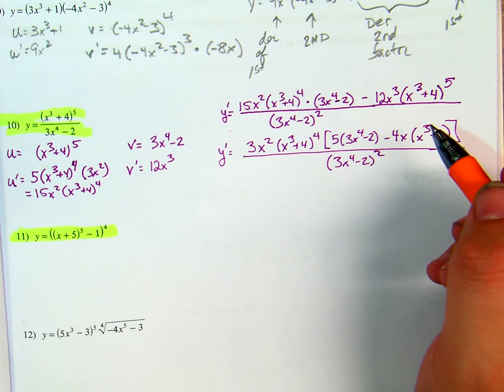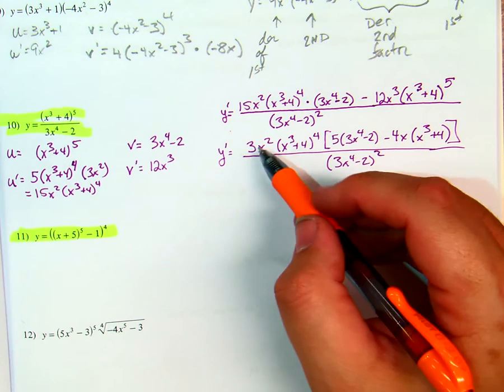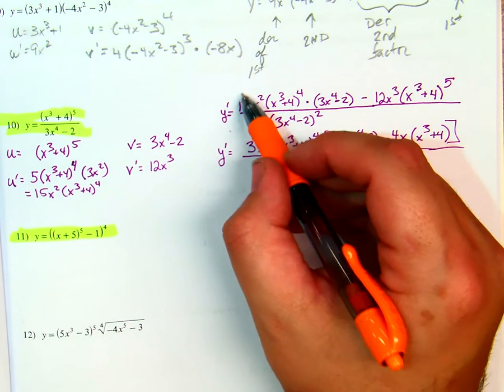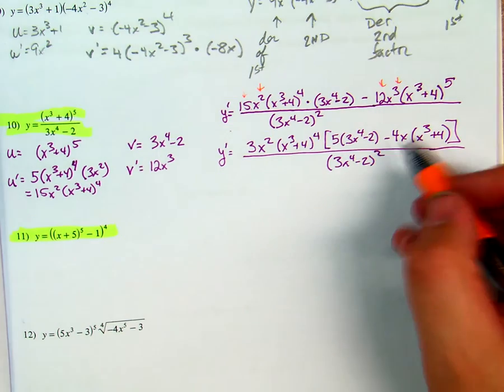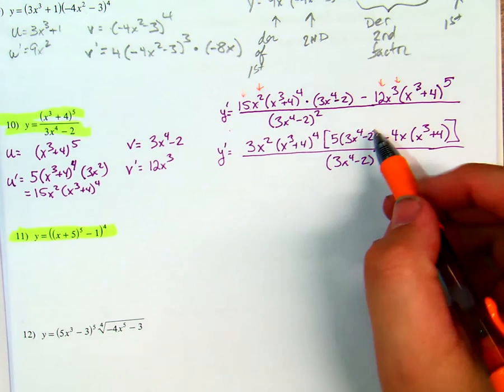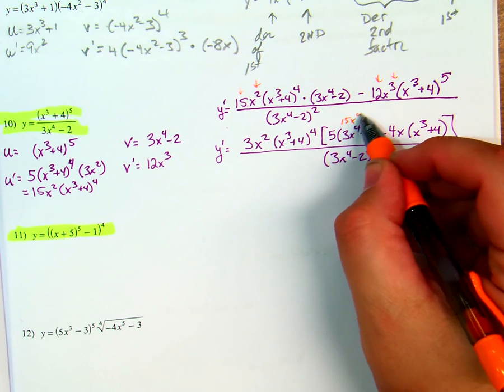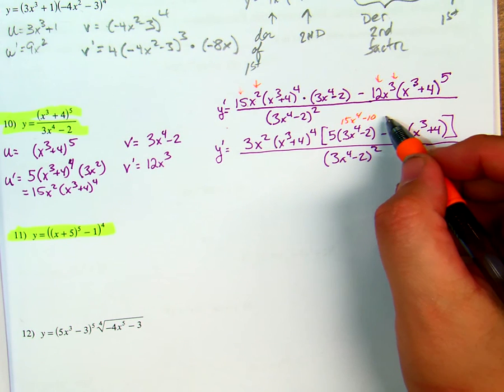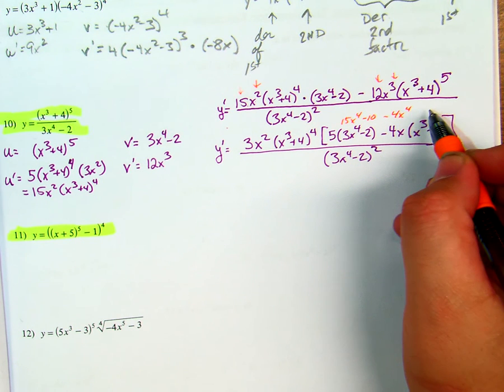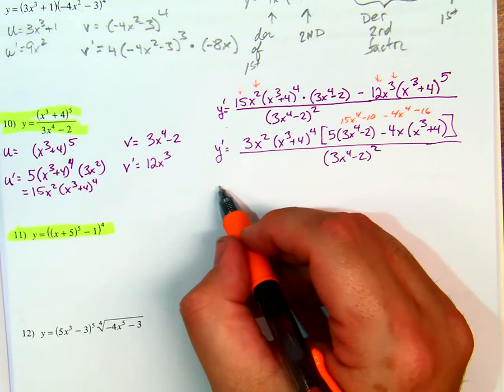Common factor of the 15, the 12, and the x squared, and the x cubed. Now, if we multiply this, that's 15x to the 4th minus 10 minus 4x to the 4th minus 16x. So, oh yeah. Yep.